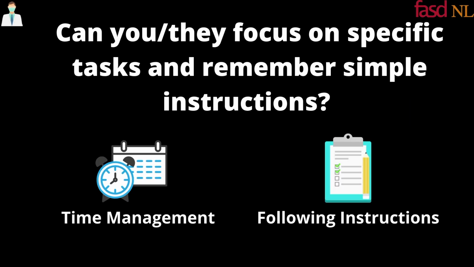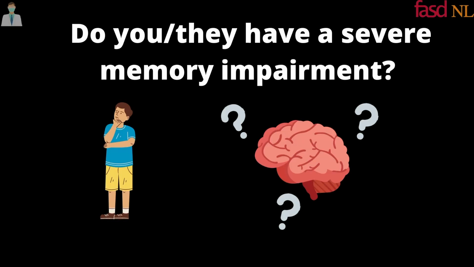Are you able to focus on specific tasks and remember simple instructions, like time management or organizational skills? Do you have a severe memory impairment such that you need constant reminders and detailed instructions to complete basic daily tasks? Are you unable to remember personal information like your street address or phone number?